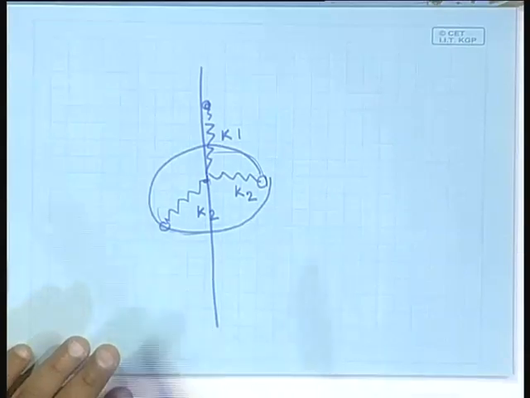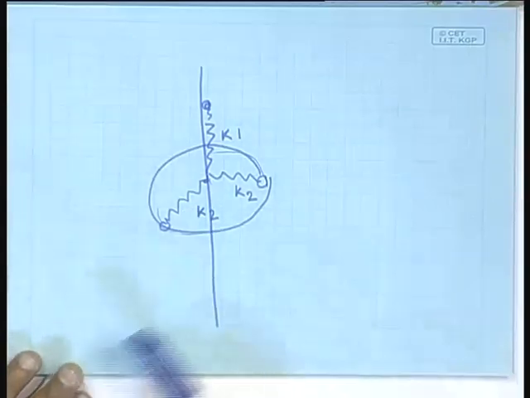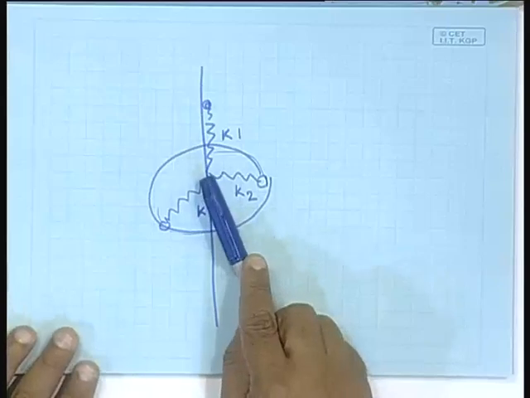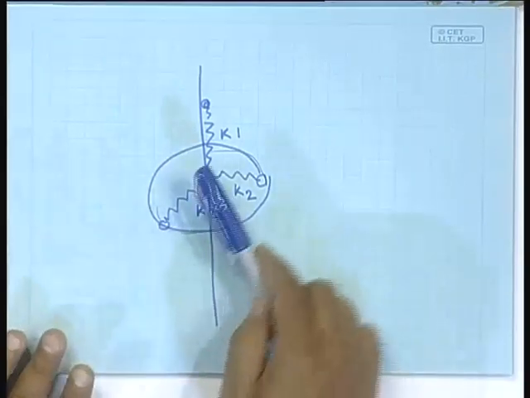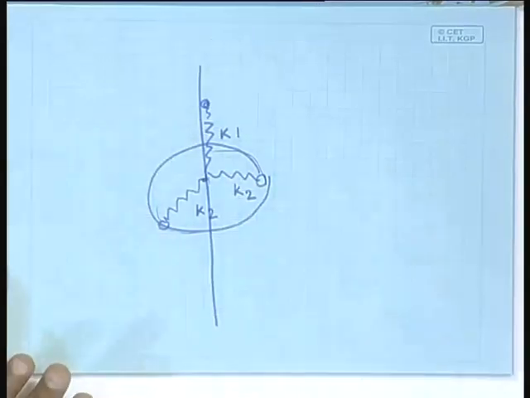Now, if you have an external electric field, let us consider two situations. It is going to induce a different dipole moment. The same electric field is going to produce a different displacement, and so a different dipole moment, depending on the direction.